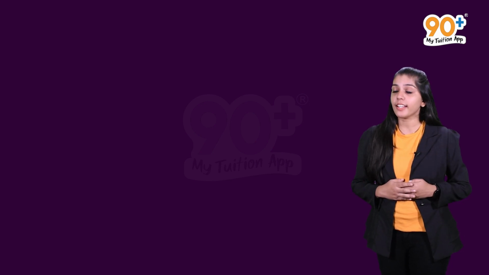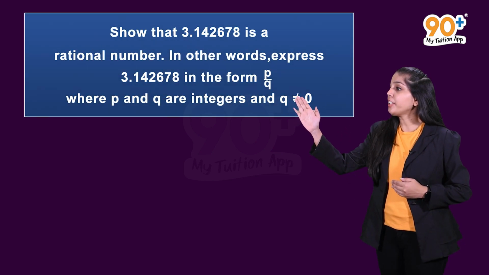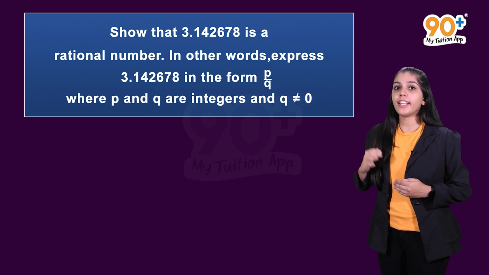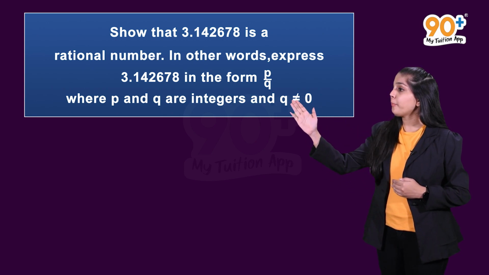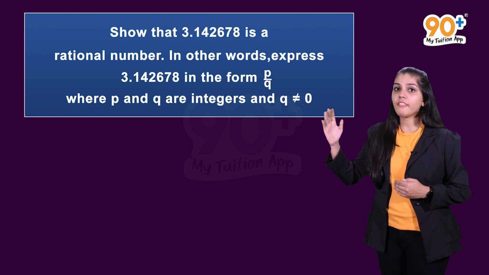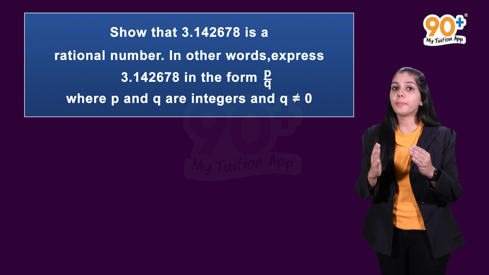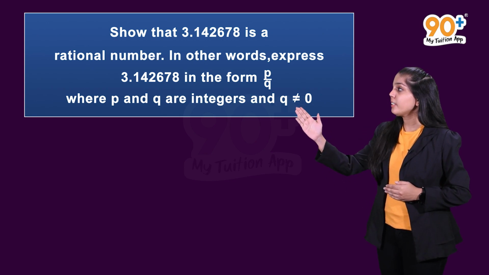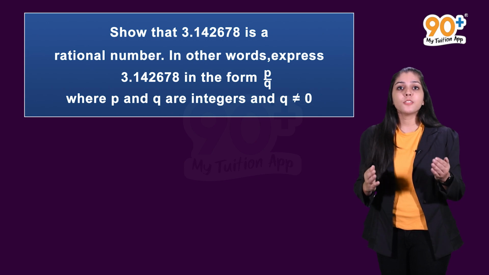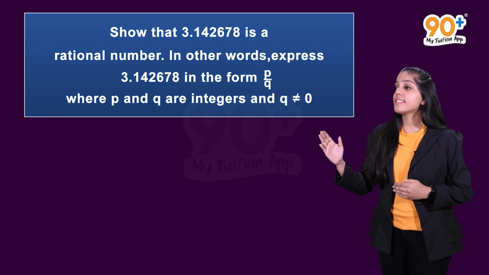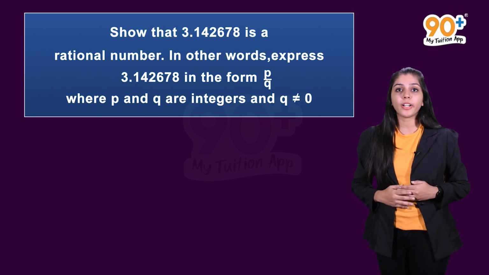We have the question: show that 3.142678 is a rational number. In other words, show that 3.142678 can be expressed as P by Q, where P and Q are integers and Q not equal to 0. Students, observe that there are 6 digits after the decimal point.